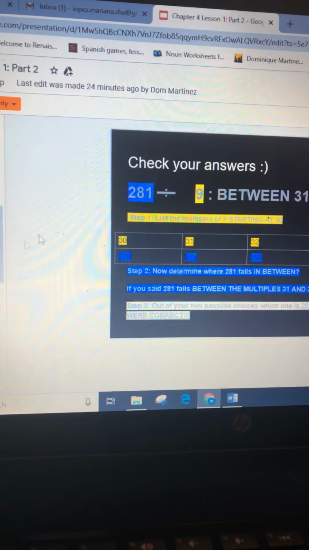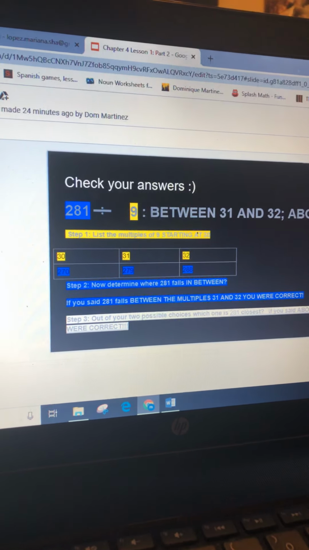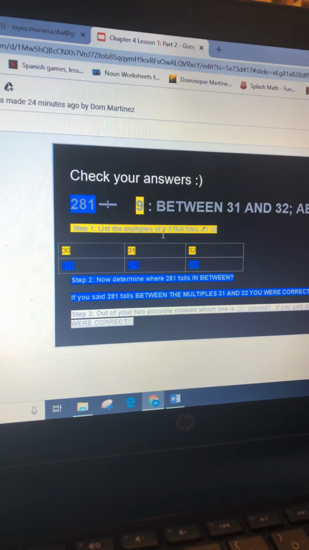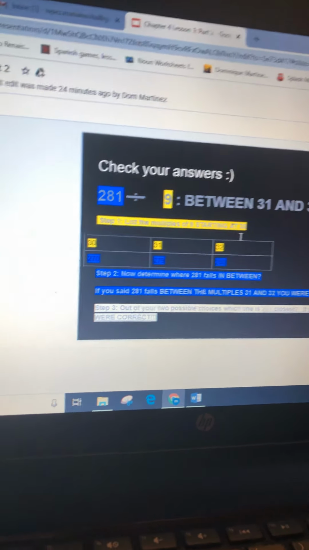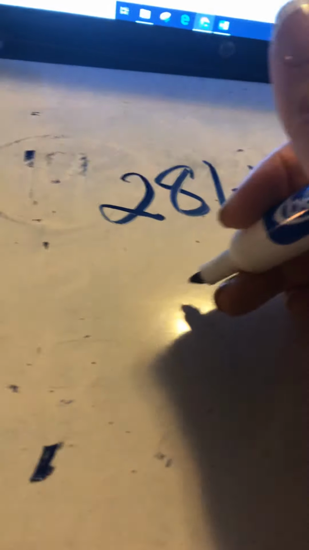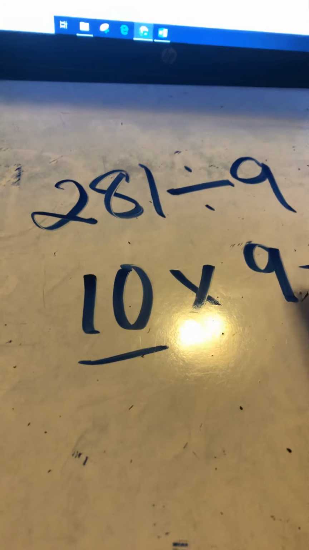Okay, your next one, 281 divided by 9, between 31 and 32, and it's about 31. There was your answer. I listed multiples of 9 starting at 30. What I did once again was my little trick, and I took that information they gave me, 281 divided by 9. Obviously 10 times 9 is going to give me 90.